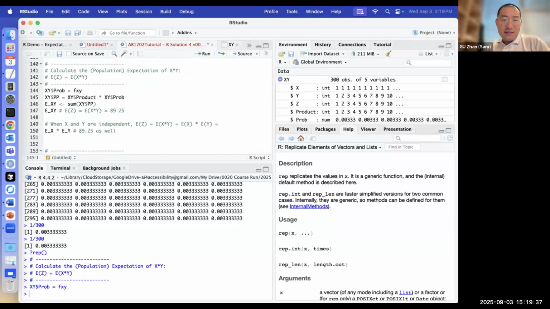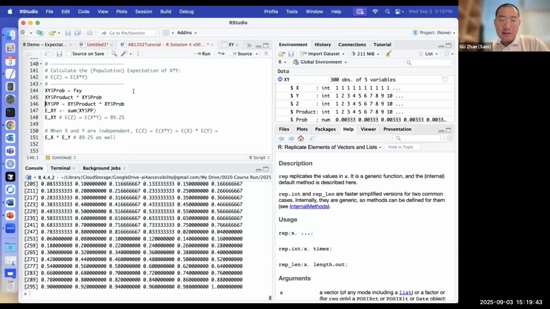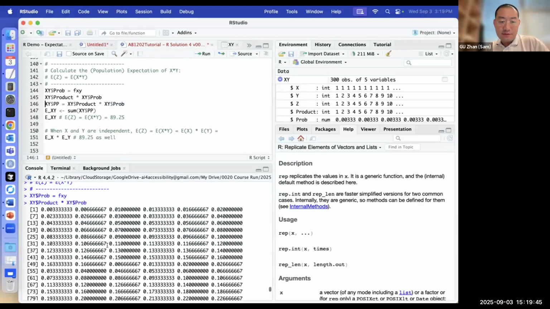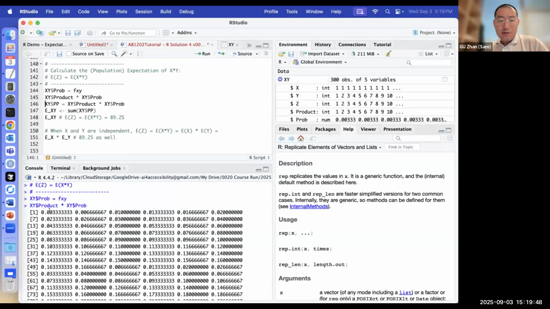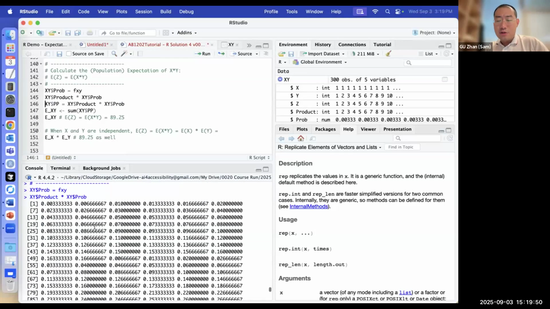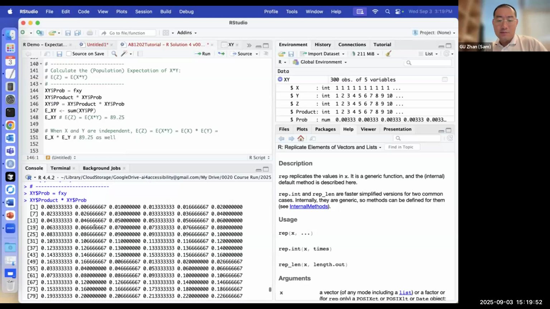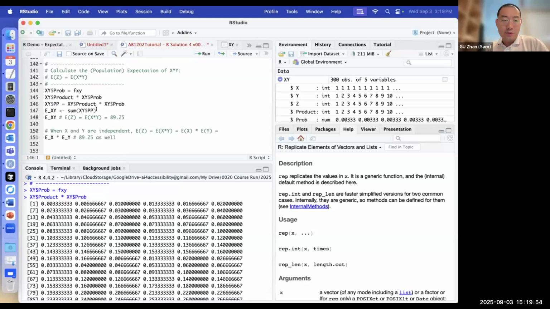Then after that, you remember this product, basically Z times Z's probability. You have 300 numbers, so Z times its corresponding probability, where the probability is 1/300.